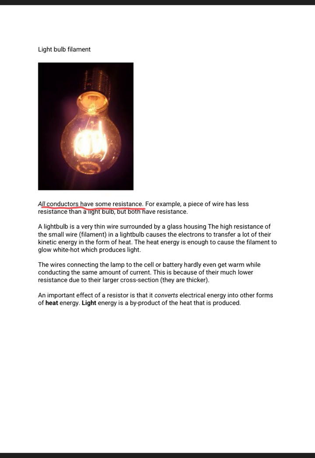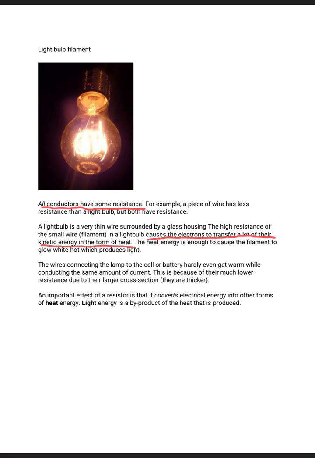A light bulb is a very thin wire surrounded by a glass housing. The high resistance of the small wire filament in a light bulb causes electrons to transfer a lot of their kinetic energy in the form of heat. That's why when you touch it, you will feel a lot of heat, right?